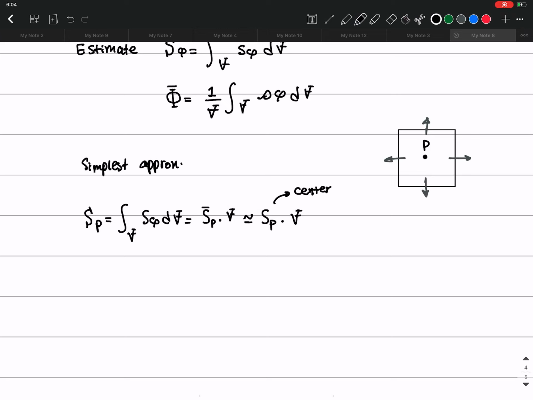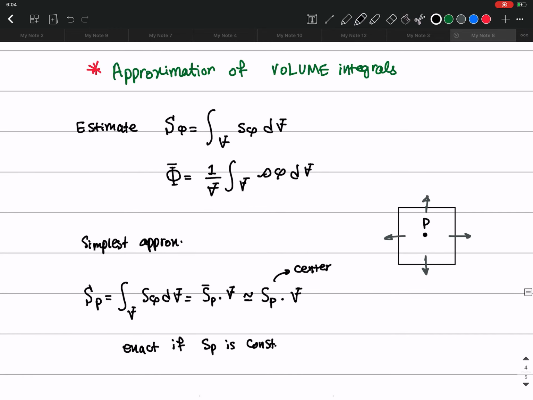So this approximation is exact if SP is constant. So if SP is constant within this volume, then this approximation is exact. For example, if SP here and here and here in all locations is the same, this approximation is going to be exact.